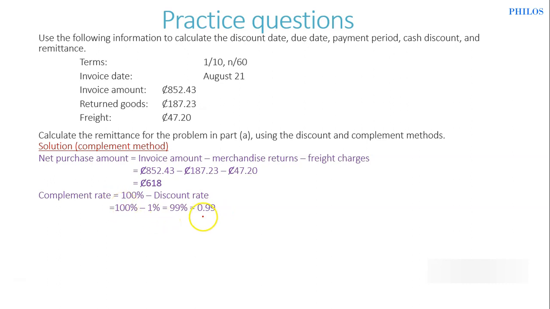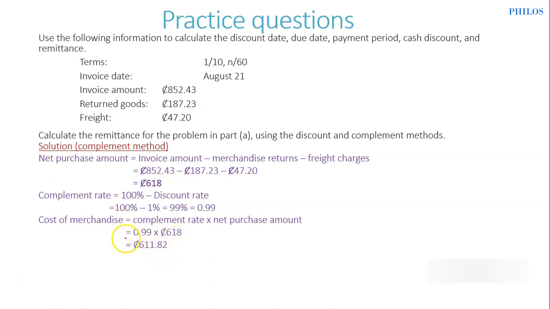After knowing the complement rate, you can find the cost of the merchandise straightforward, which is like the net price. To get the cost of the merchandise straight, that will be the complement rate times the net purchase amount. So if you are using the complement method, you don't necessarily have to find the cash discount itself again. The complement method will only make you get the cost of the merchandise straight. So 0.99 times 618 will give you 611.82.